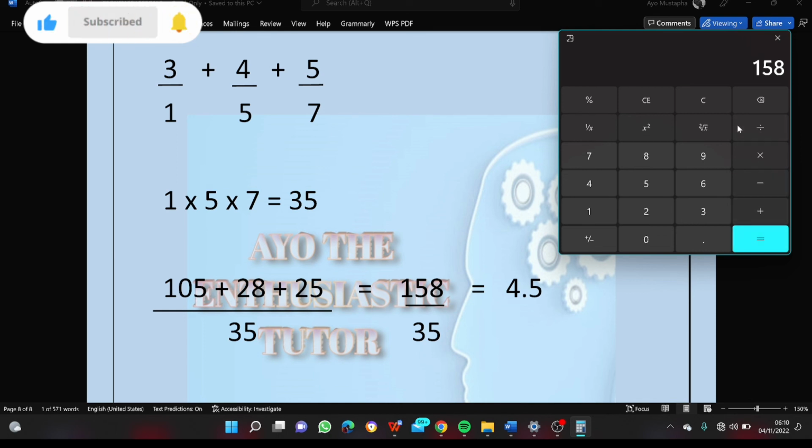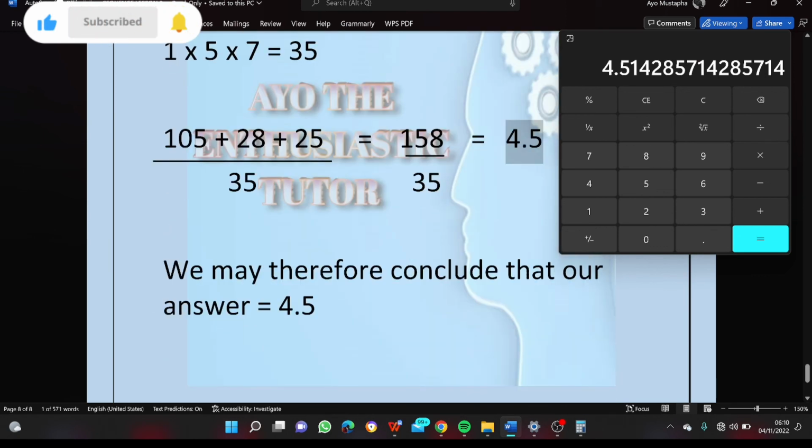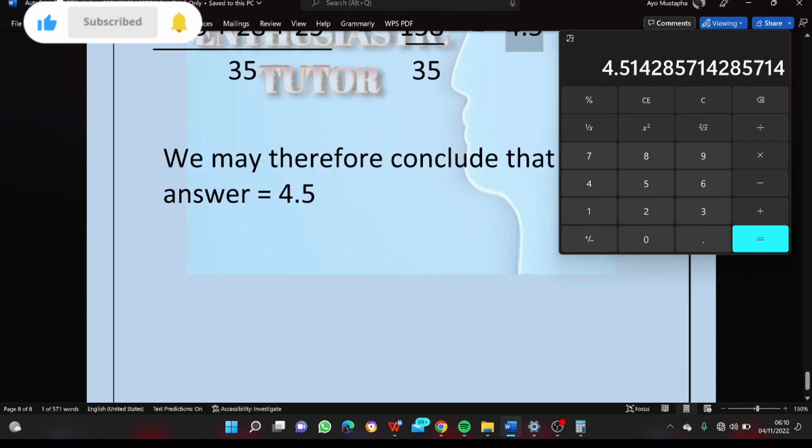So we divide our 158 by 35. We have our answer as 4.5. This is how we arrived at our answer. So that's our final answer, 4.5. So we may therefore conclude that our answer equals 4.5.